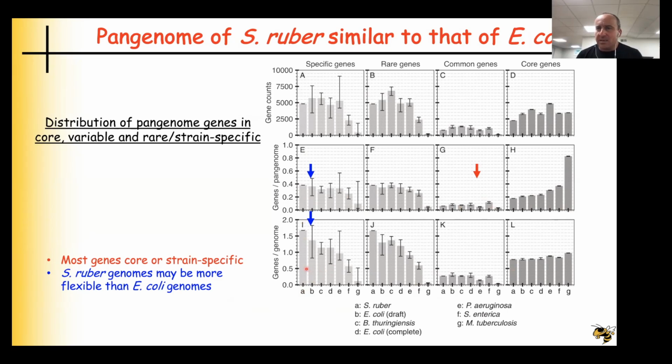The E. coli and the Salinibacter are very similar, and Salinibacter appears to be even more diverse than E. coli, having more unique genes, more strain specific genes than E. coli. And so this is quite surprising to us because there is a lot of diversity in these environments for the bacterial fraction. And so one big question was, what is the value of this diversity when conditions change?